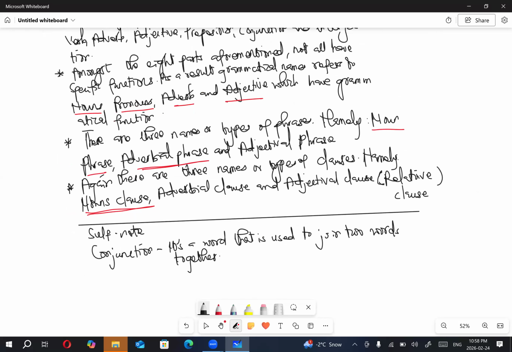An example is and, or, and so on and so forth.